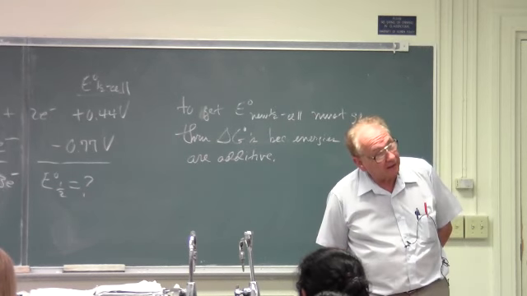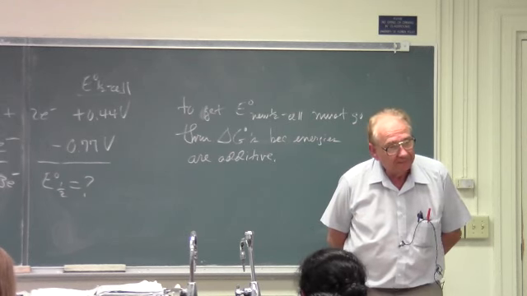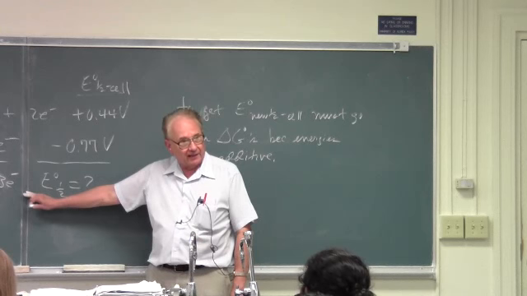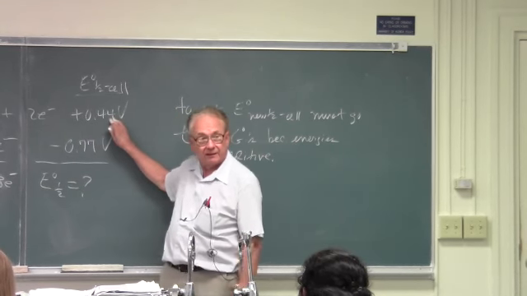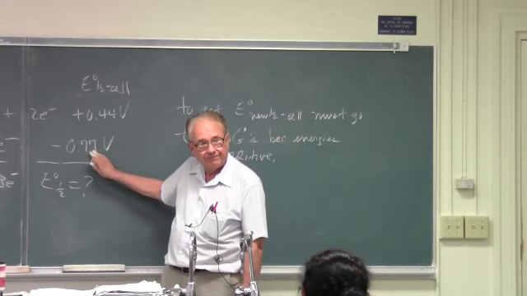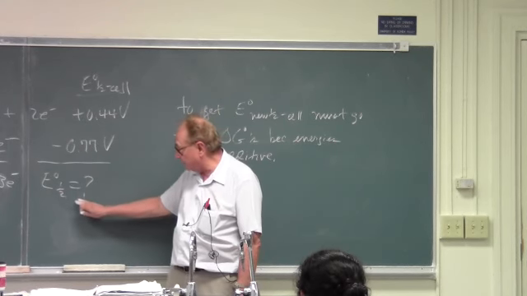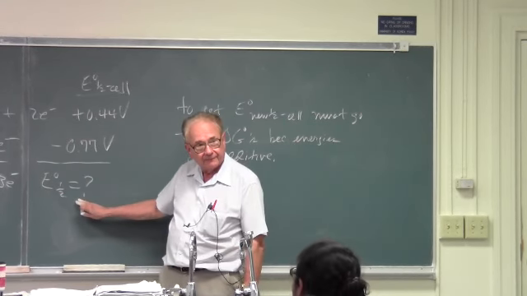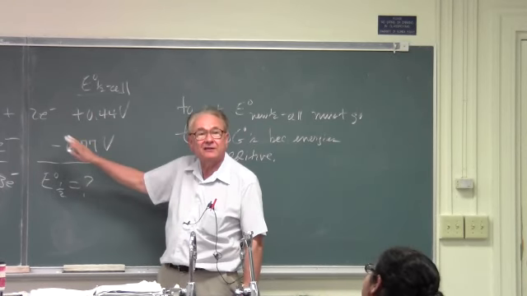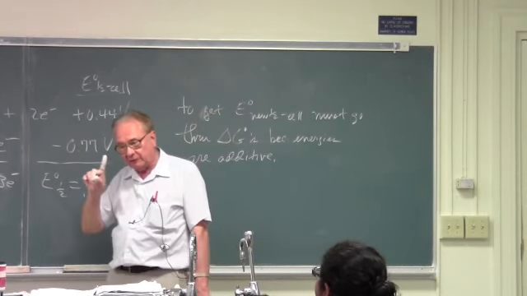Well, you got to make a comparison. You can't stop there. Oh, then the 2 plus. So you expect E0 for this half cell to compare how to this number? Less than. But what about this number? That's negative. Well, this number is negative. Yeah. But do you expect this value to be greater than this one? This one's going to be intermediate between these someplace. Yeah. So what is this value?